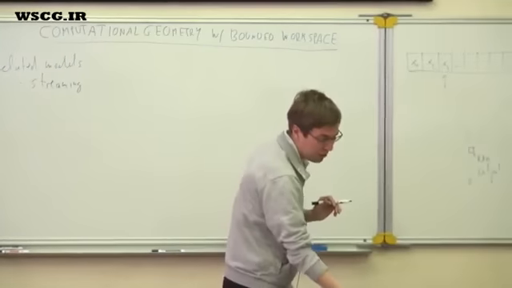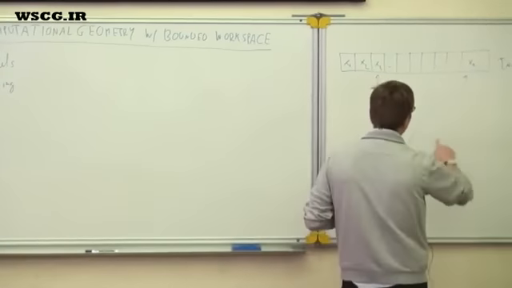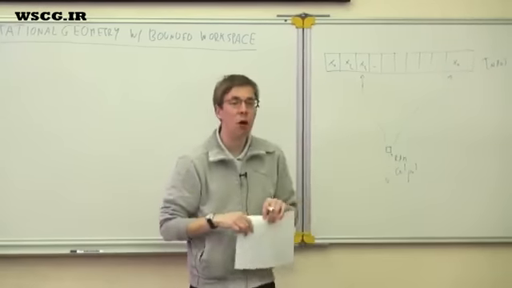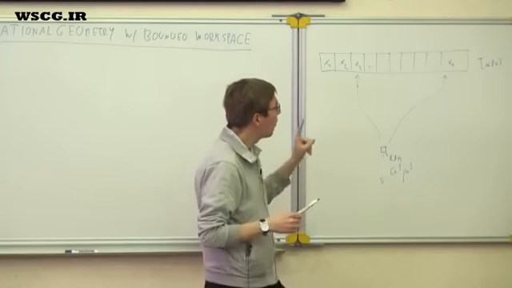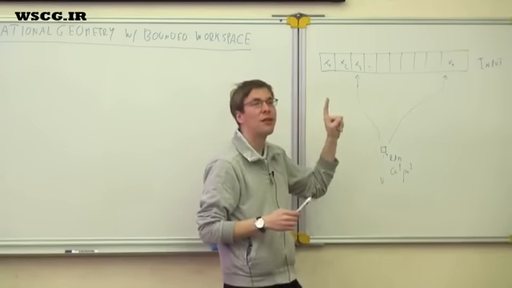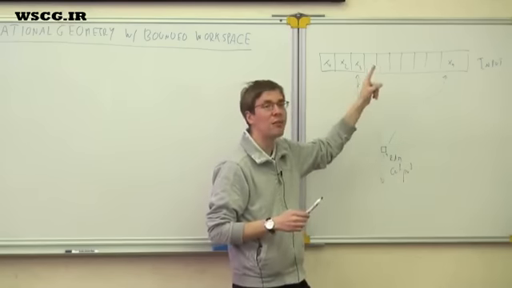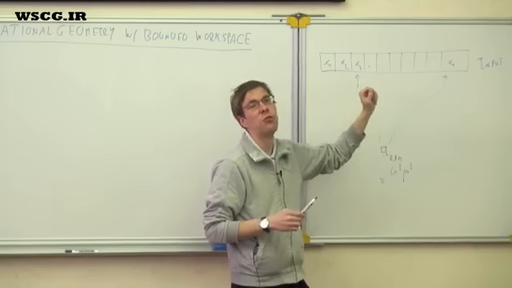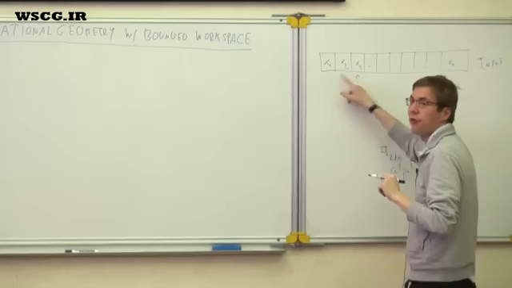The assumption is the data is very big, my memory is very small, and I want to process something on the data. But the difference is that I'm not allowed to access individual elements of my input as I choose. In streaming, I have to read my input from left to right.